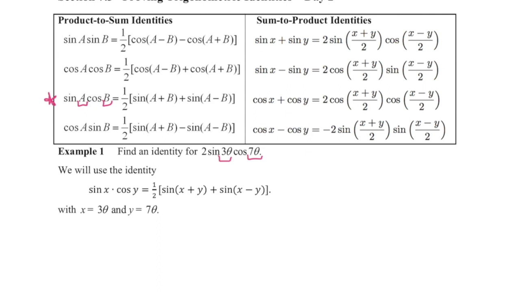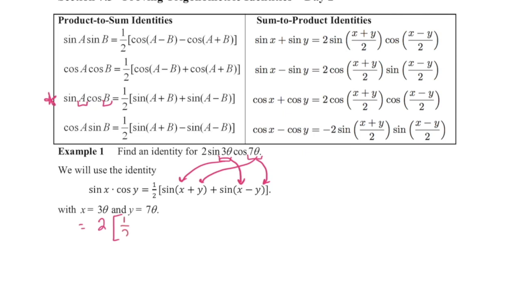So wherever I see x or a, I will use 3 theta, and wherever I see y, I will use 7 theta.